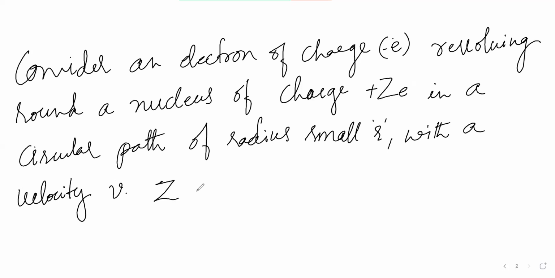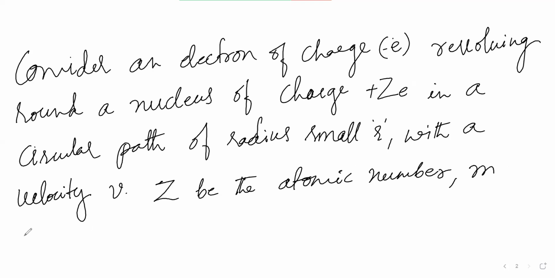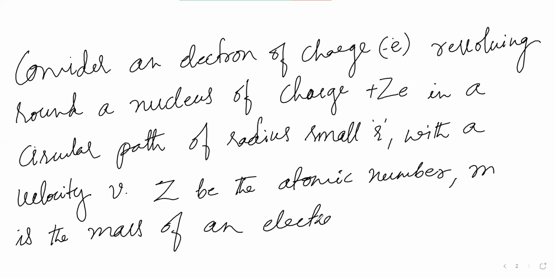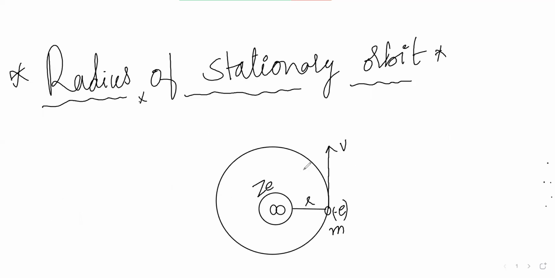Z be the atomic number, m is the mass of an electron.